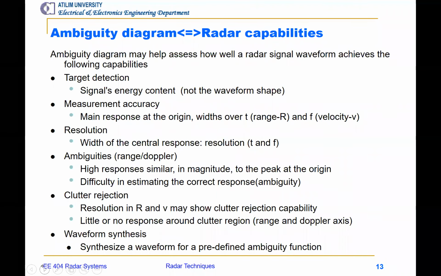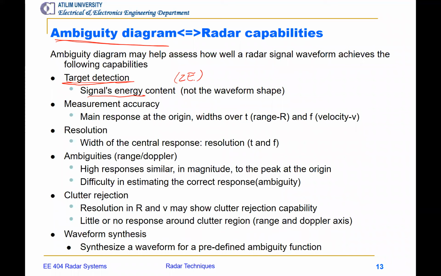So what information can we derive from the ambiguity function? Here we see a list of the capabilities of a radar regarding the ambiguity diagram. We can have an idea about target detection, how accurately we detect the target. It's about the signal's energy content, simply 2E.